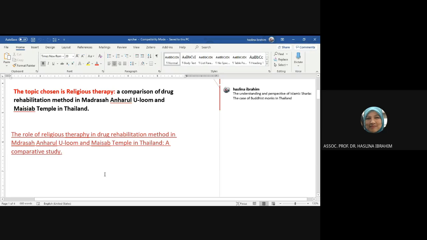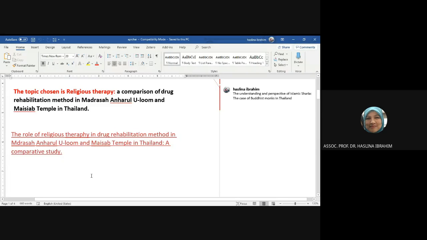And then you have to justify why you want to compare these rehab methods, religious therapy in Madrasah Anharul Ulum and Maisap Temple, because you know that the two are using it, and your literature should also explain who is in support of religious therapy in drug rehab.